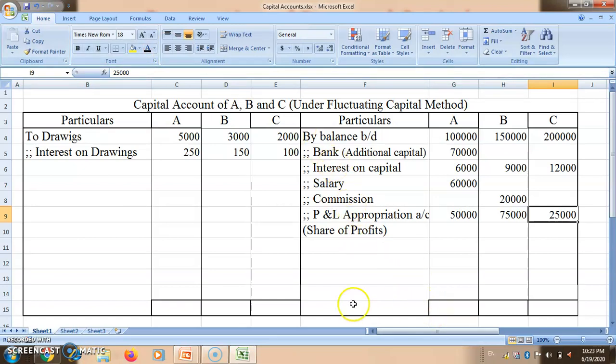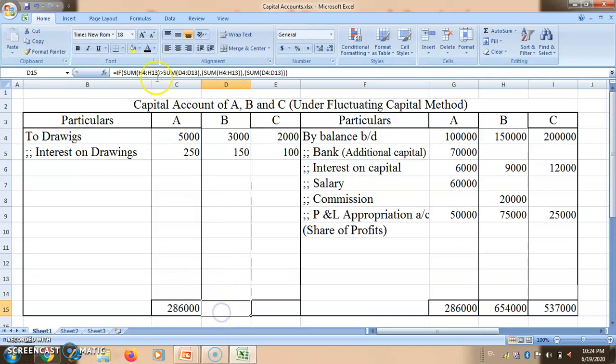Now we know how to balance the account. Whichever side is more, that amount will be written in the total column. The credit side is more, so on the credit side we have got the total for all three partners, and that will be written in the debit amount column also.